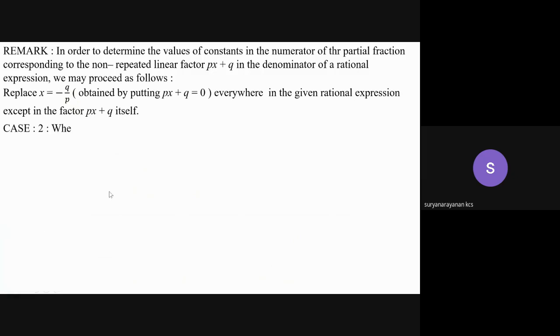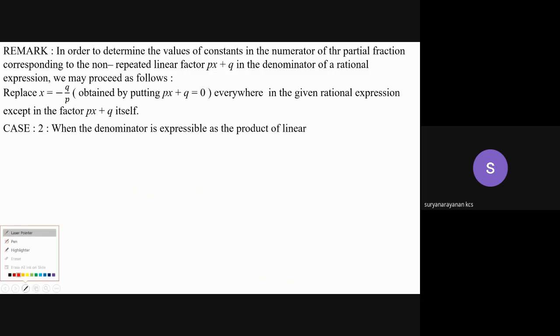Now, case 2. This is type 2 sums. When the denominator is expressible as the product of linear factors such that some of them are repeating.